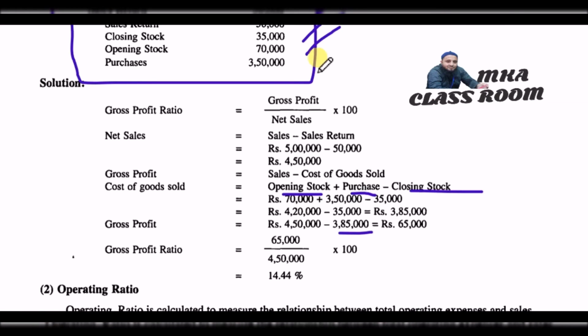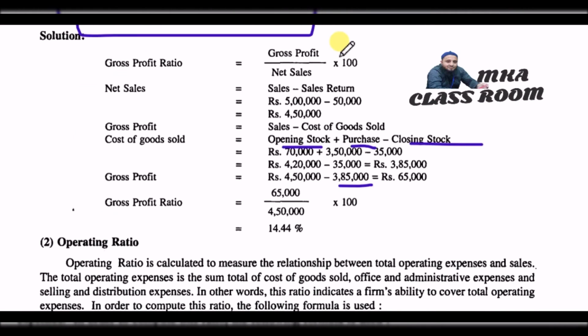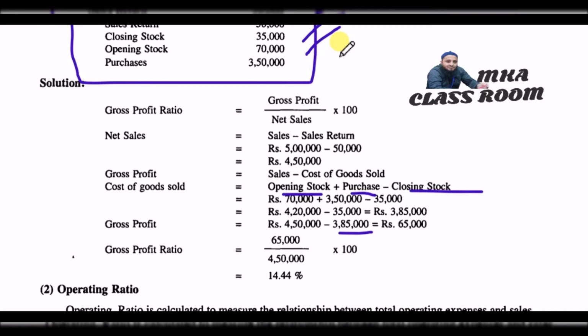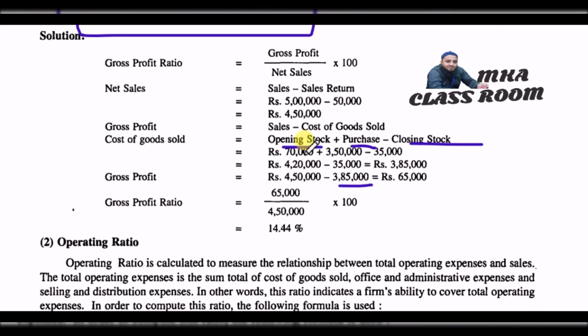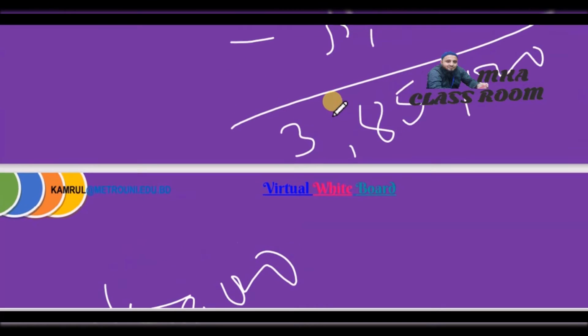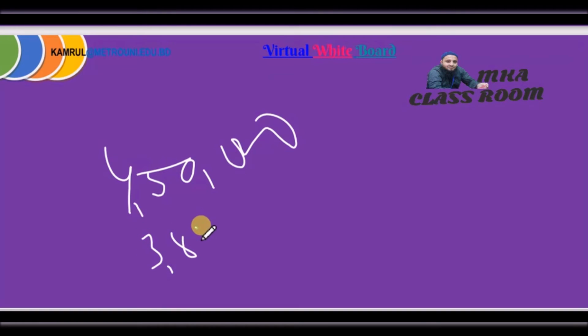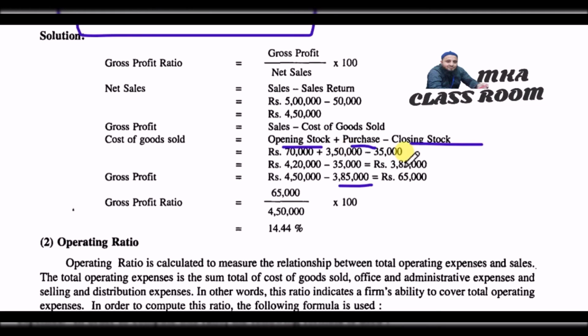Then sales we have 5 lakh. Net sales 4,50,000. 4,50,000 minus 3,85,000, then we will get 65,000.